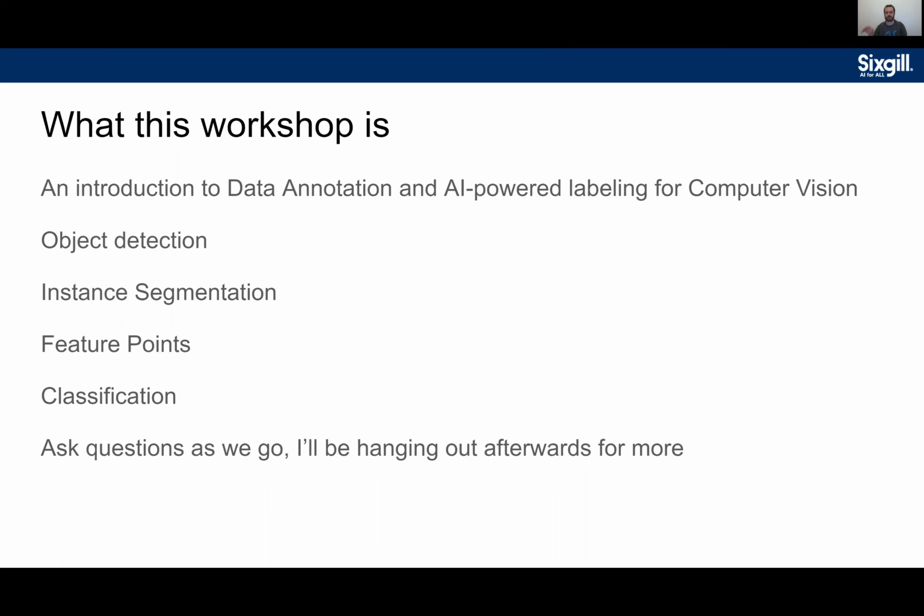We'll actually see a quick little demo of each of these right before we go into labeling. And then classification, where we're determining a class that's in a photo, like a classic example, it's a dog or cat. So again, feel free to ask questions as we go, and I'll be hanging out afterwards. So if you do want to save any questions for at the end, or we want to go off topic into not data annotation, feel free to stick around and I'll be hanging out.